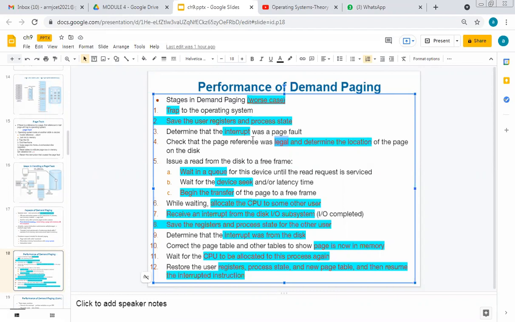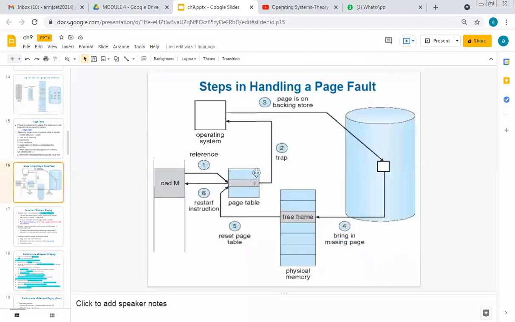Once you raise the interrupt and check whether it's legal or illegal, it is decided that the 19th frame is legal, so get it. Now the processor will concentrate here and search for that frame, bring it, and update the physical memory as well as the page table.